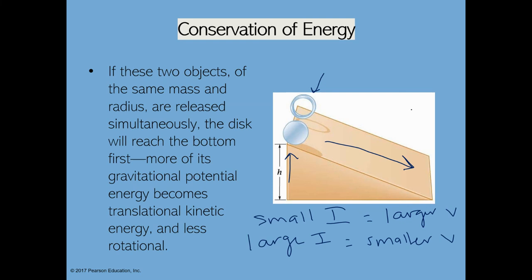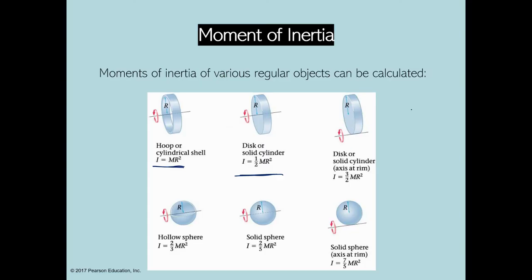Well, these objects have equal mass and equal radius, so we know that will not play a factor. That means the one that has the smaller moment of inertia is going to make it to the bottom first because it will have a higher velocity. Well, let's go back and look at our equations. So we have a hoop, and we have a disc. Which would have a smaller moment of inertia?